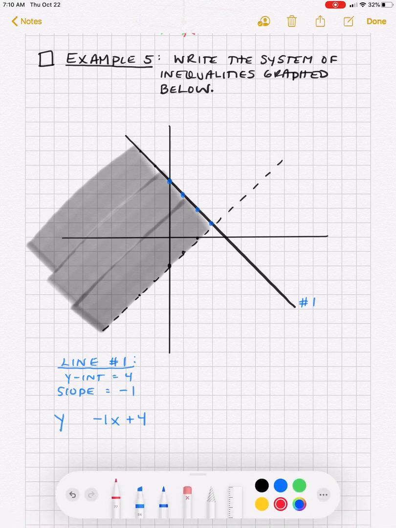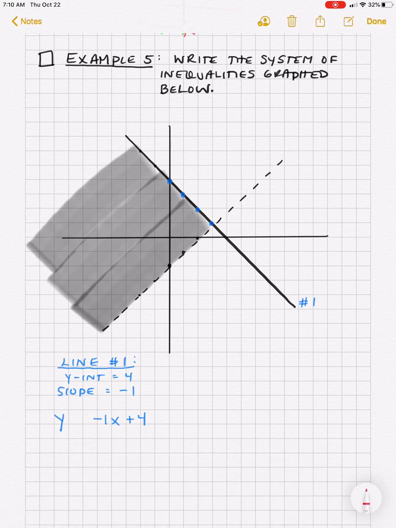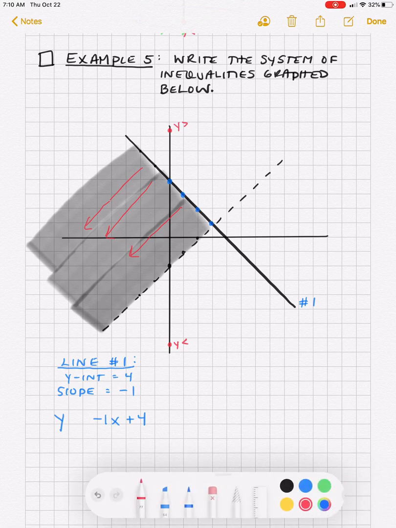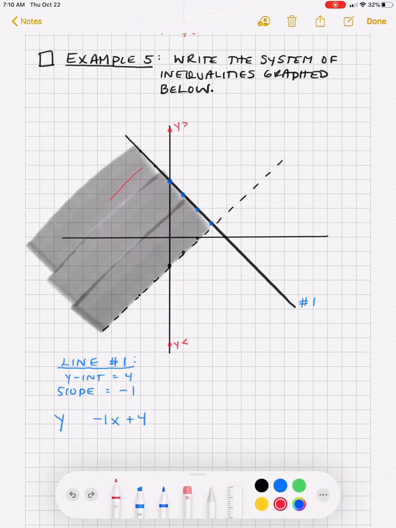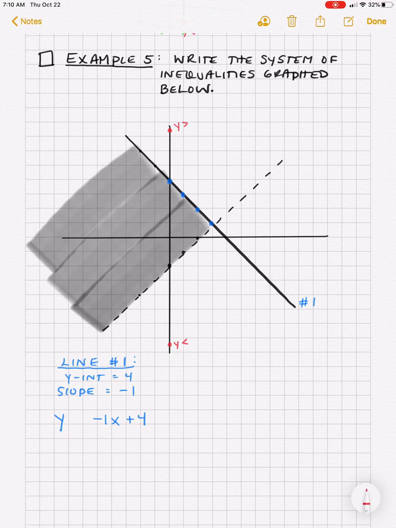So finally, we need to figure out the shading. Again, this is where y is getting greater than, this is where y is getting less than. Because everything is being shaded below this line towards the less than, then I'm going to write my inequality as y is less than or equal to because of the solid line.